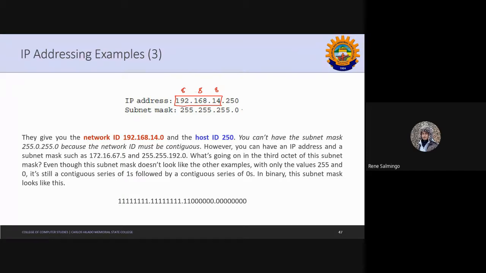So what is left for you is dot zero. Meaning the maximum numbers are on this side, 0 to 256, and the last part would be 255. So overall you have 255 host IDs for a Class C IP address.